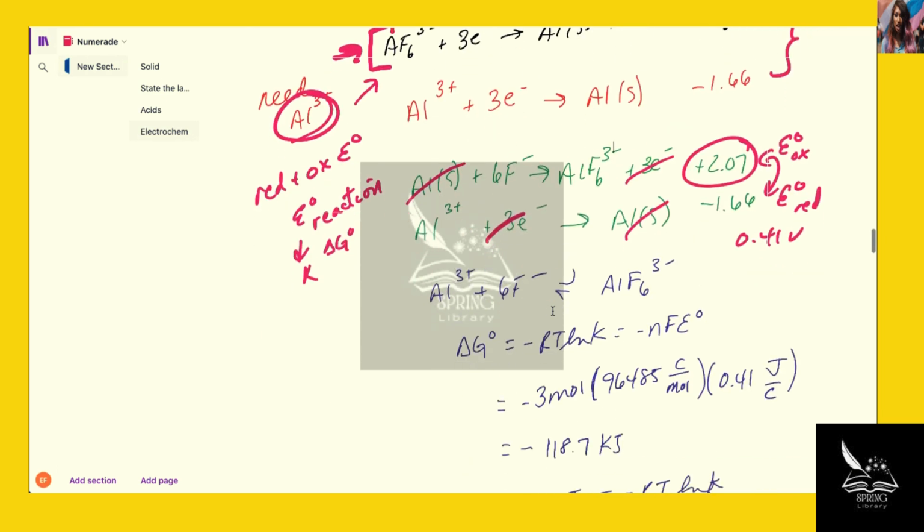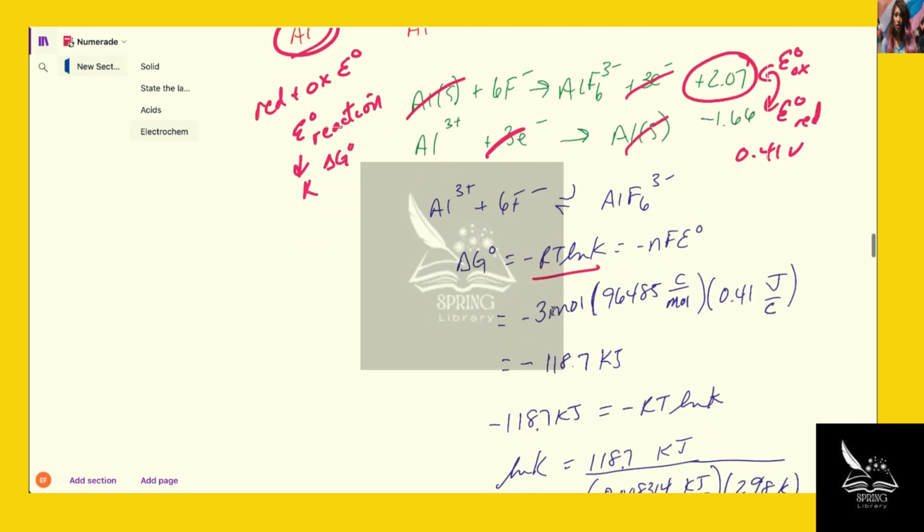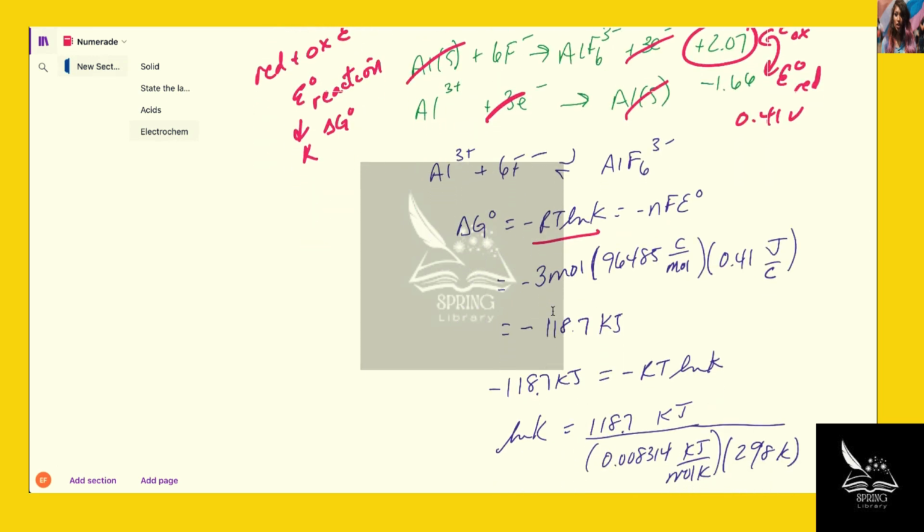And so now we can use E0 to get delta G. So delta G is equal to negative RT ln K. Actually, we don't even really need to calculate delta G, but in this, I did calculate delta G, but you don't necessarily need to because these equations equal each other.